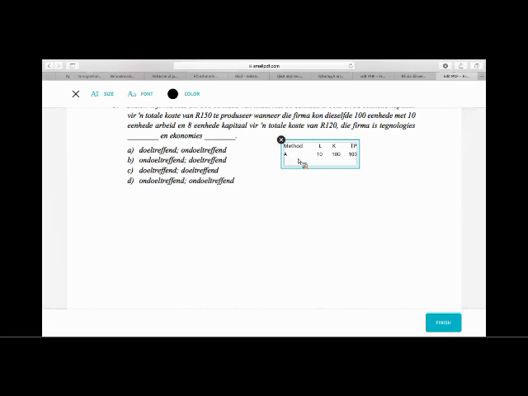Method B uses 100 units of capital and 10 units of labor, and it also achieves an output of 100. And then you have a method C, which uses 20 units of labor and 120 units of capital, and it also produces 100 units of output.